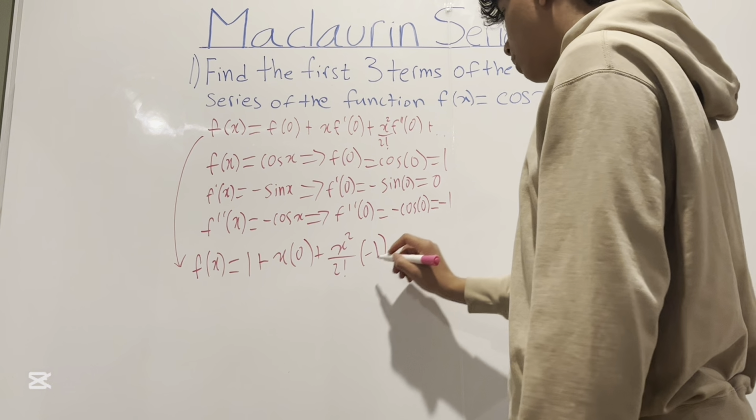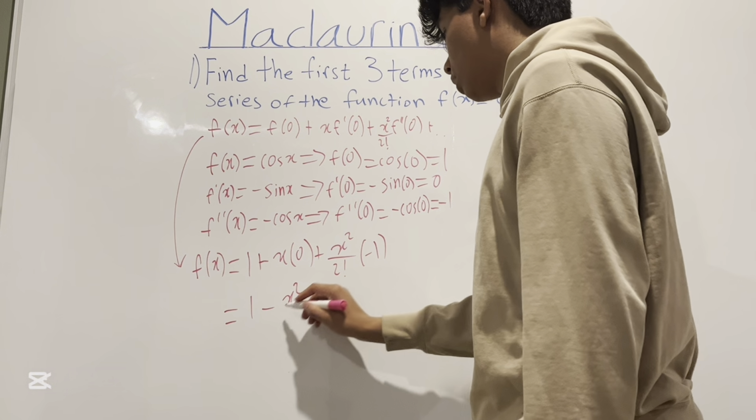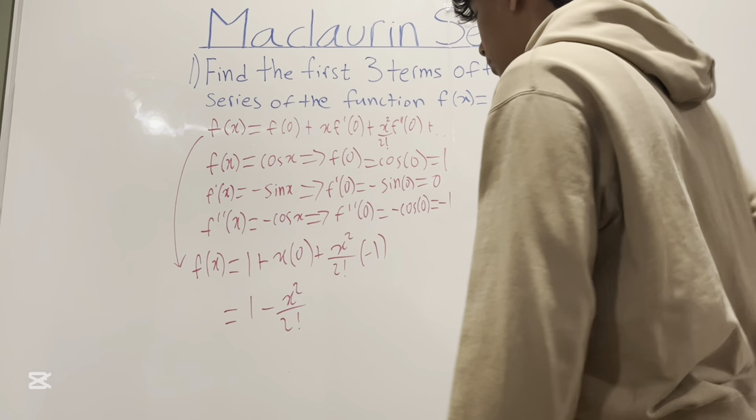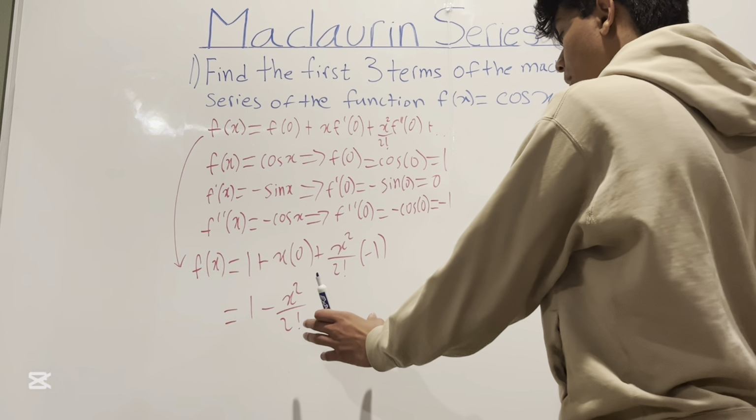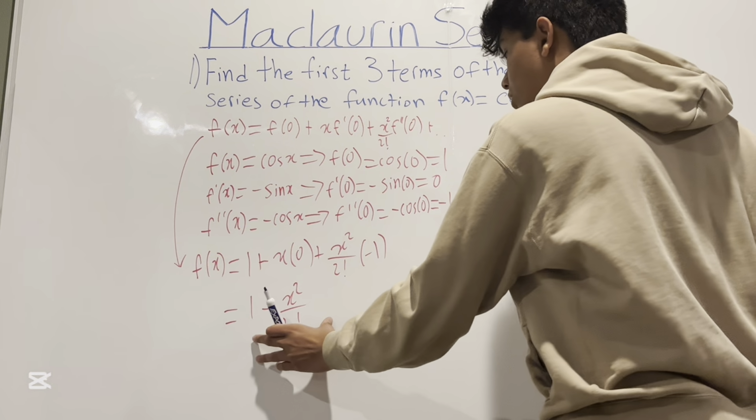So this is going to turn out to be 1 minus x squared over 2 factorial. Now we need to find one more term, because the question says find the first three terms, but we only have the first two terms.